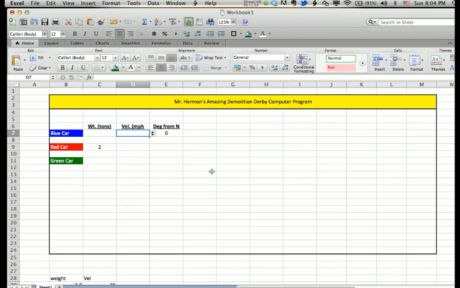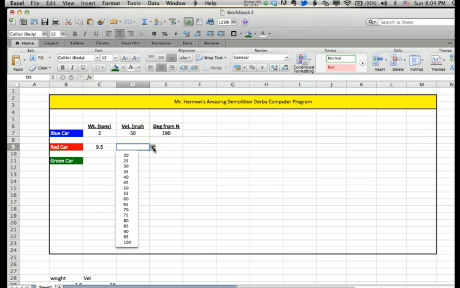Okay, let's see. What do I want to do? Let's go ahead and enter some things in here that we can always use. I'll use 2. The velocity of the blue car I'll say is 50, degrees from north, let's do 190. Red car, let's do 9.5. Velocity, miles per hour.